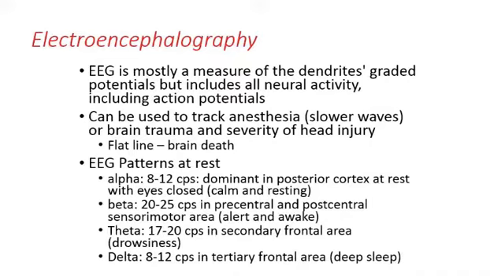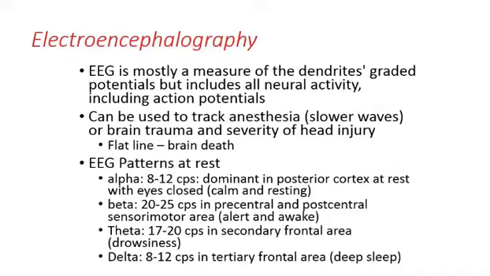So when we're measuring what produces the EEG, it's the dendrite's graded potentials mostly, but it also includes all neural activity, including action potentials. As I mentioned, it can be used to track the severity of head injury, anesthesia, brain trauma, and if there's a flat line, that's suggestive of brain death.